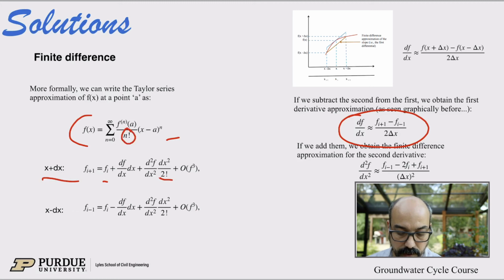That comes from here. This is the first derivative, n is 1. This is the second derivative, n is 2. And then some error, order third derivative. This is just an error, we don't care.